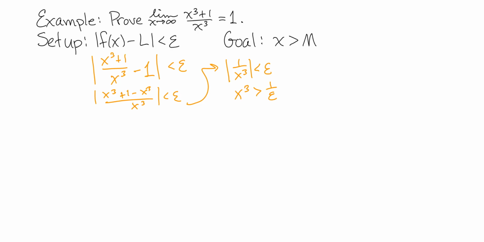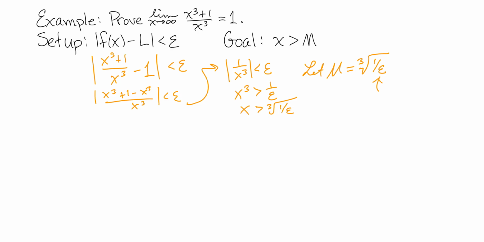And I'm going to go ahead and drop the absolute value now because x is positive since x is approaching infinity. So then we have x is greater than the cube root of 1 over epsilon. So our inequality matches our goal, and we can let m equal the cube root of 1 over epsilon.